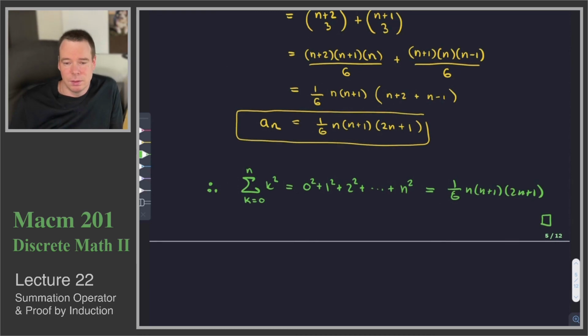So a very nice technique to see how generating functions can be used to generate formulas for things that we actually already knew. We've been using this one. I think we used it a few times already in this course, this formula. You certainly used it in calculus quite a bit if you've done calculus. But now we see how generating functions can be used to establish the formula to begin with.